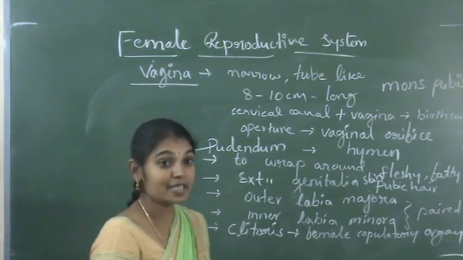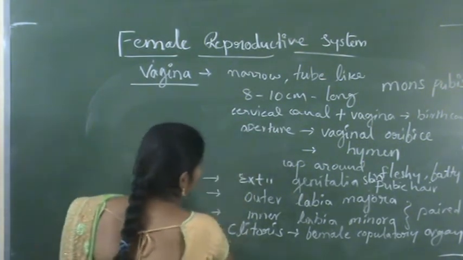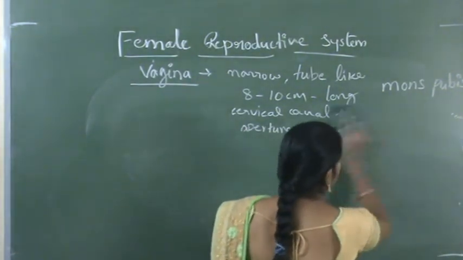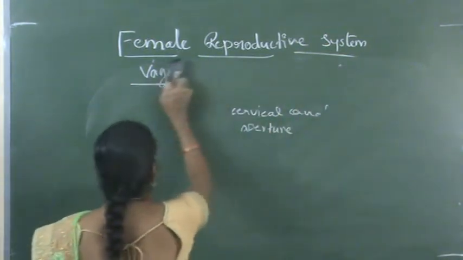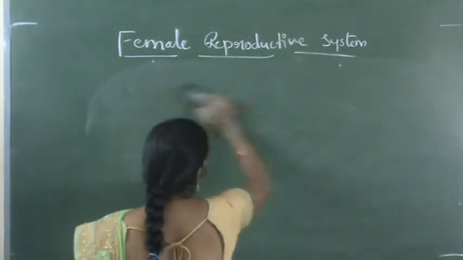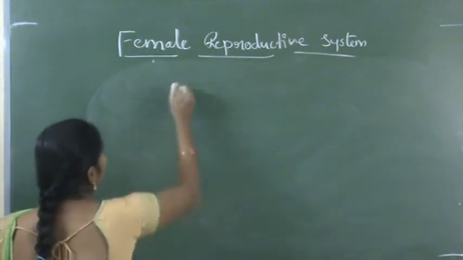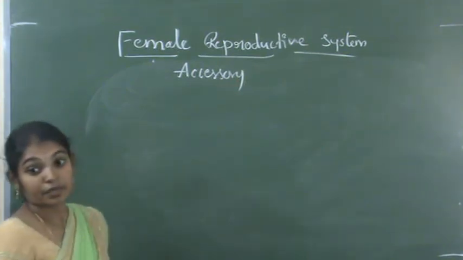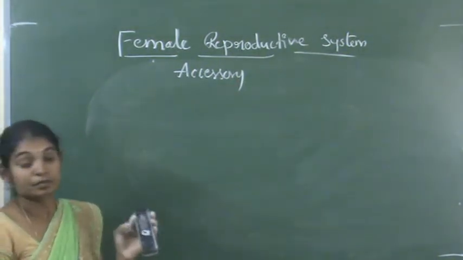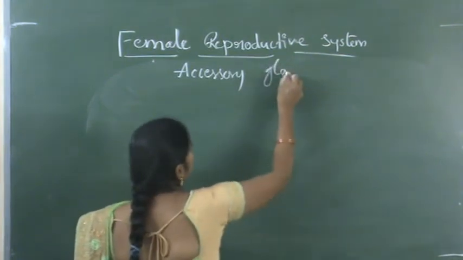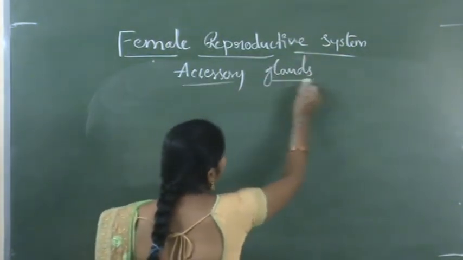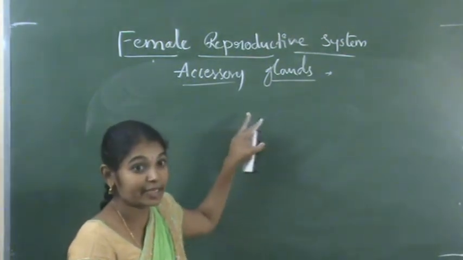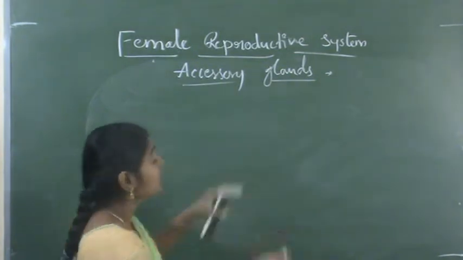And now the accessory glands. There are three different types of accessory glands present.